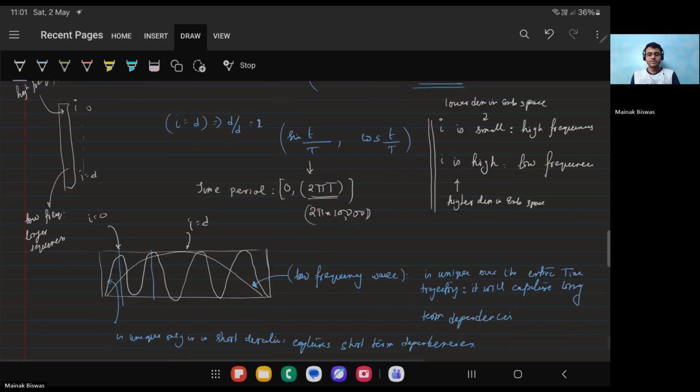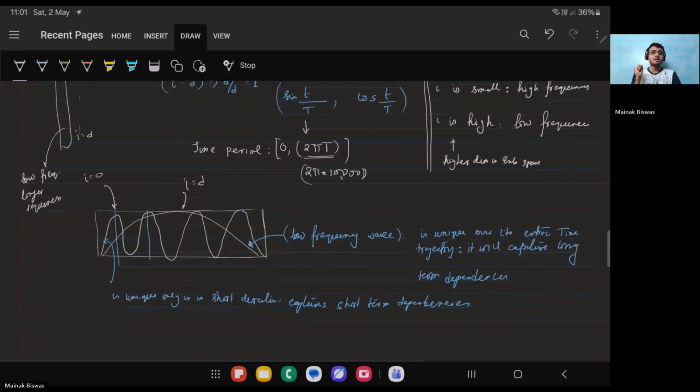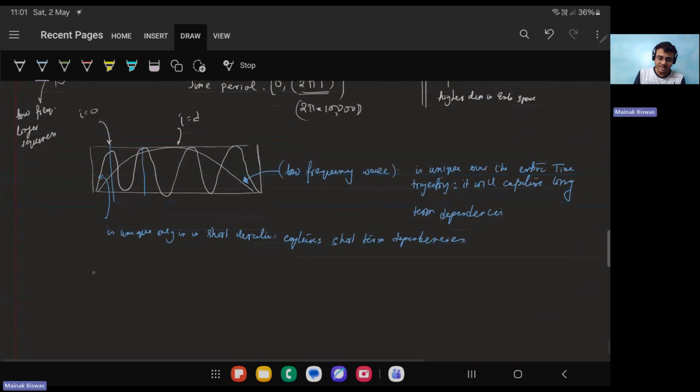Now there's one more feel-good factor about it. You see that this is t times omega, where omega I is 1 by T to the power of I by D. What inference can you make out of it?